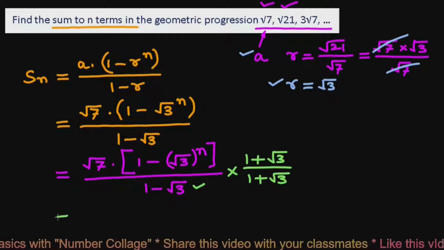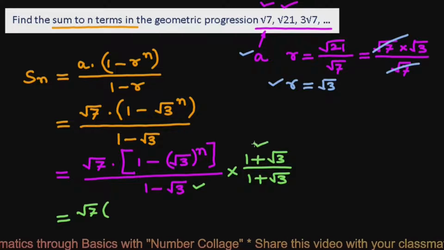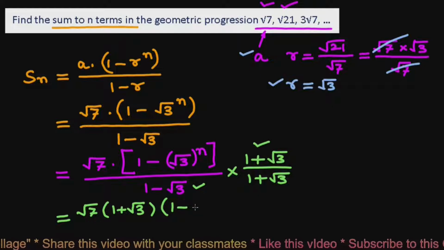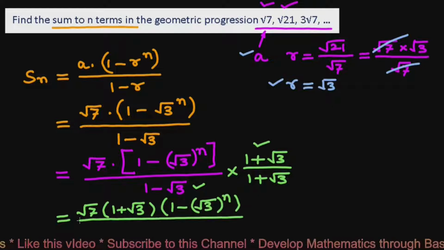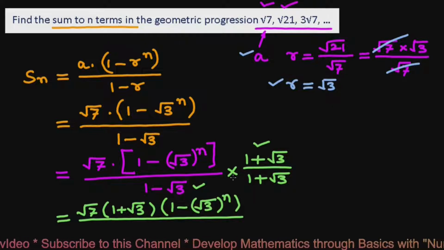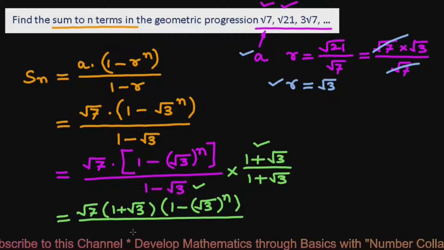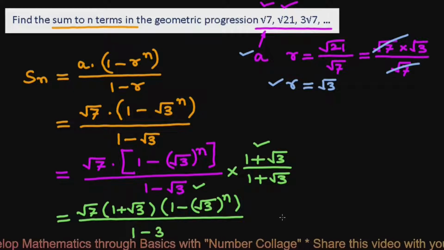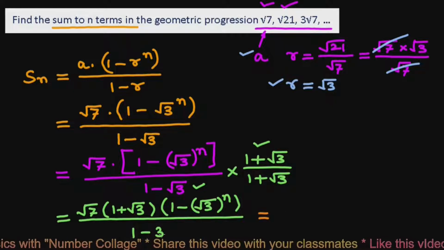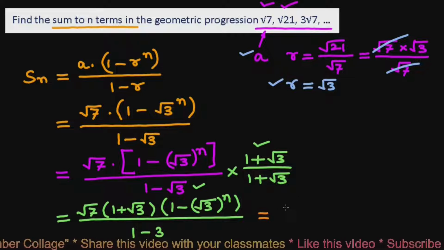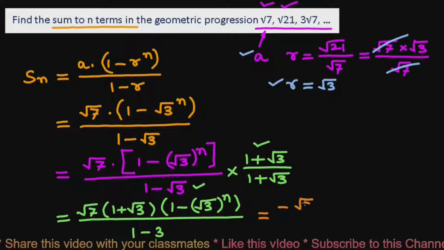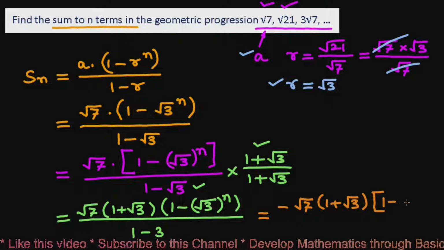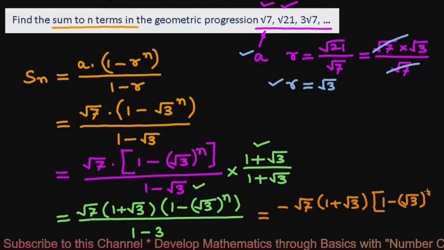So that will be root 7 multiplied by this 1 plus root 3 multiplied by this 1 minus root 3 power n, upon 1 minus root 3 multiplied by 1 plus root 3, which will be 1 square minus root 3 square, that will be 3. So we write this as 1 minus 3 will be minus 2. So we write this as minus root 7 multiplied by 1 plus root 3 multiplied by 1 minus root 3 power n upon 2.